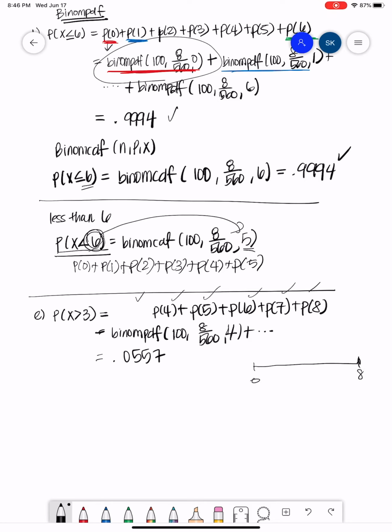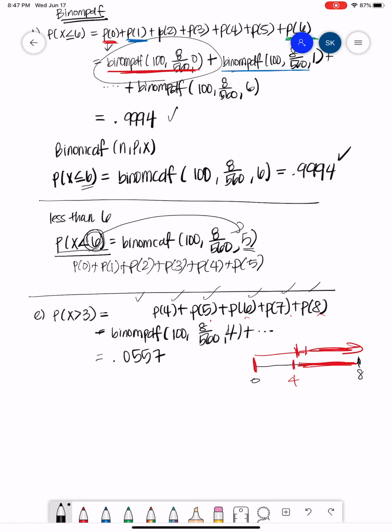Now I'm talking about a certain point and on, 4 and on. So I cannot use CDF because it's a certain point to the end. So how can I still use CDF so that I don't have to sum up all these 5 numbers? You can still use CDF.